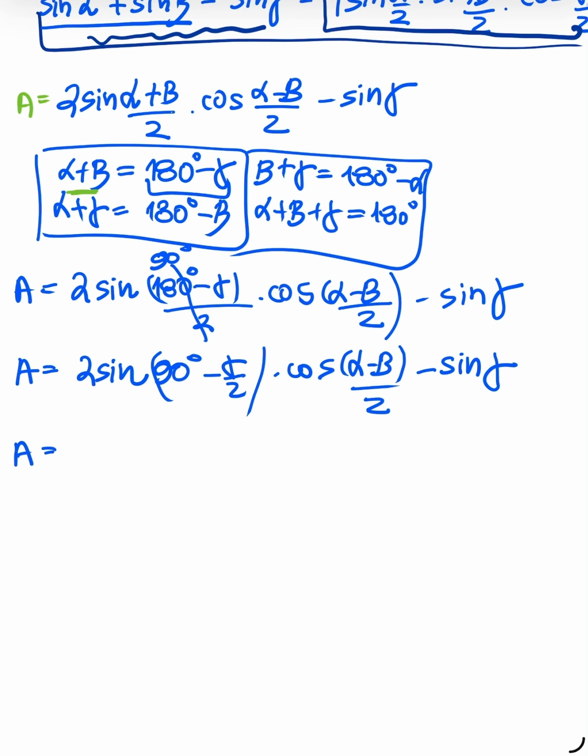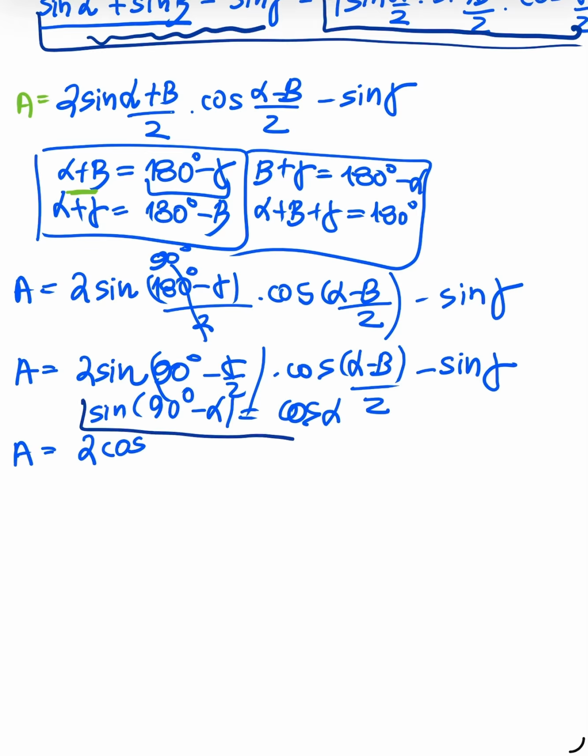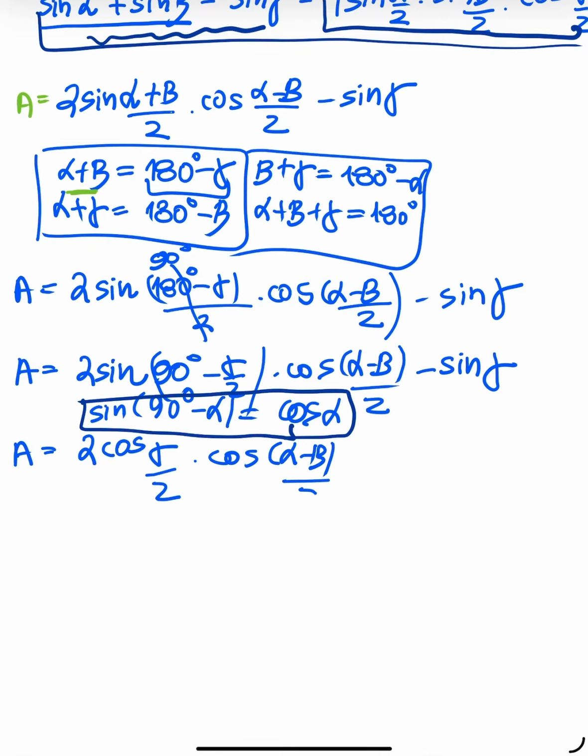We know that sine of 90 degrees minus something is equal to cosine of this thing. So we have the formula sine (90 degrees minus alpha) is equal to cosine alpha. By using this property, we substitute: 2 cosine (gamma divided by 2) times cosine (alpha minus beta) divided by 2 minus sine gamma.